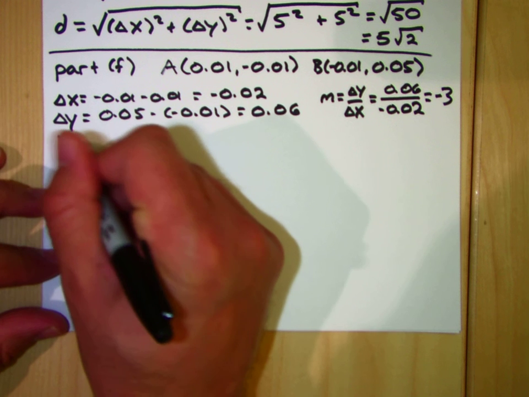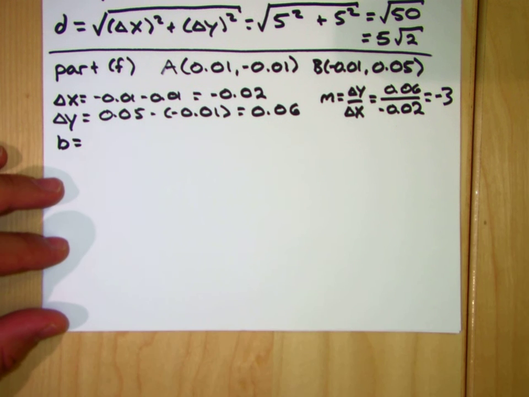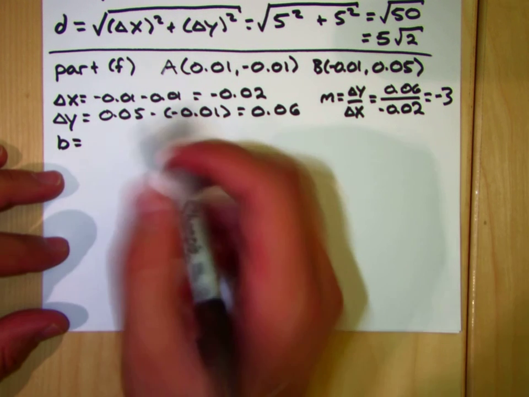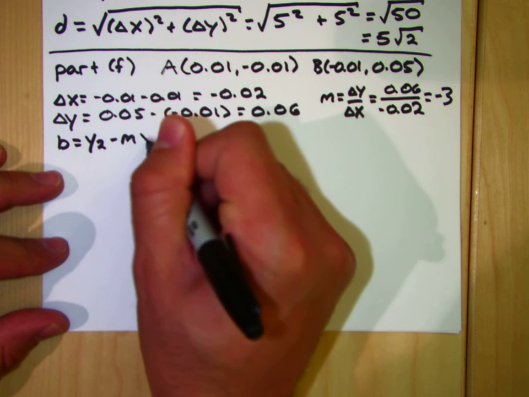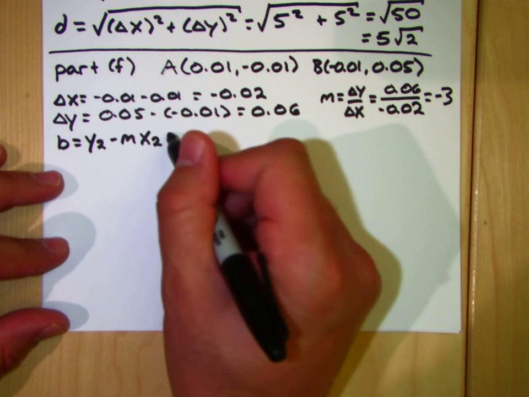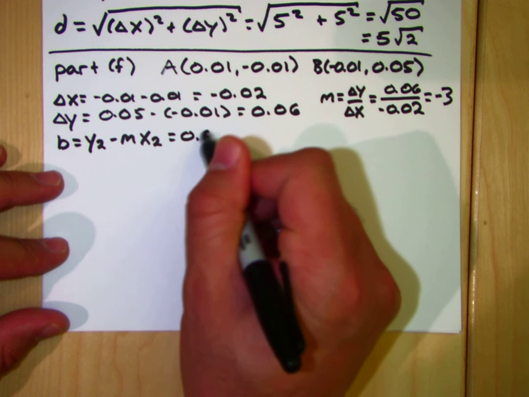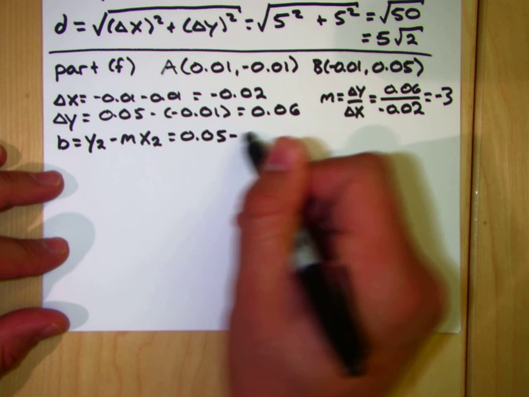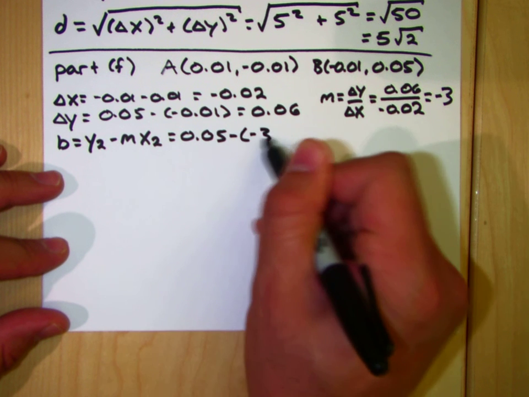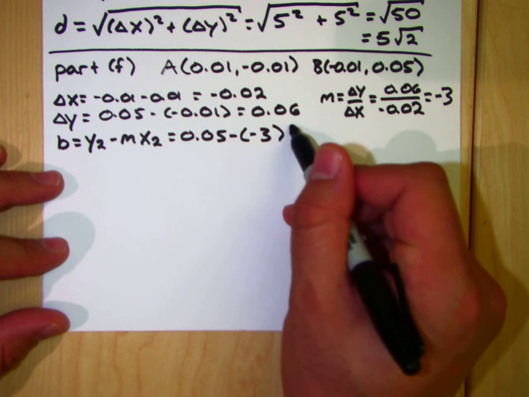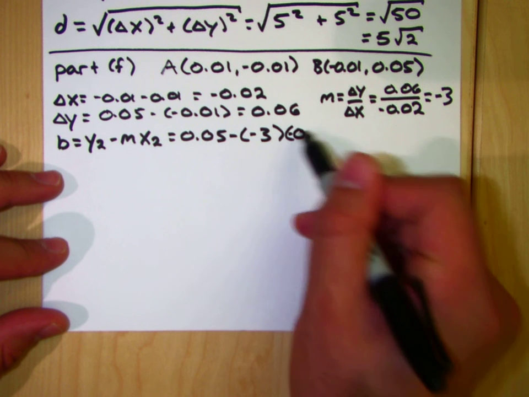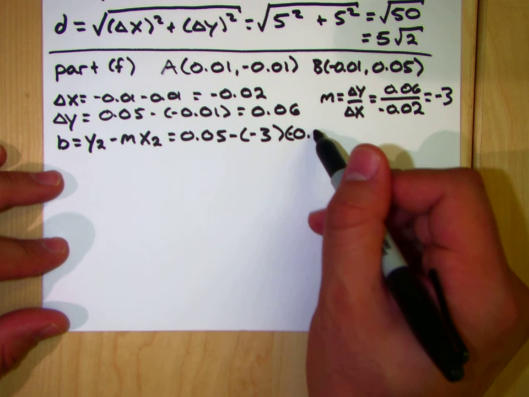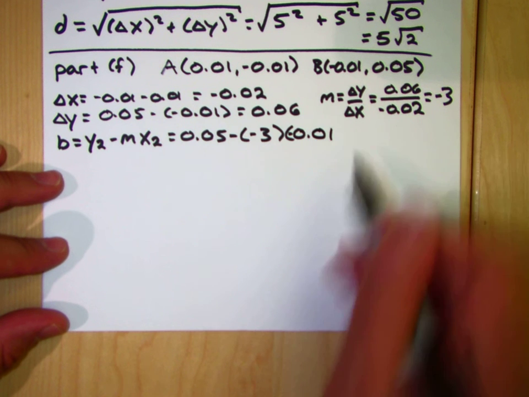And then the y-intercept is equal to, and I'll use point B for this, y2 minus m times x2, and that's equal to 0.05 minus negative 3 times negative 0.01.